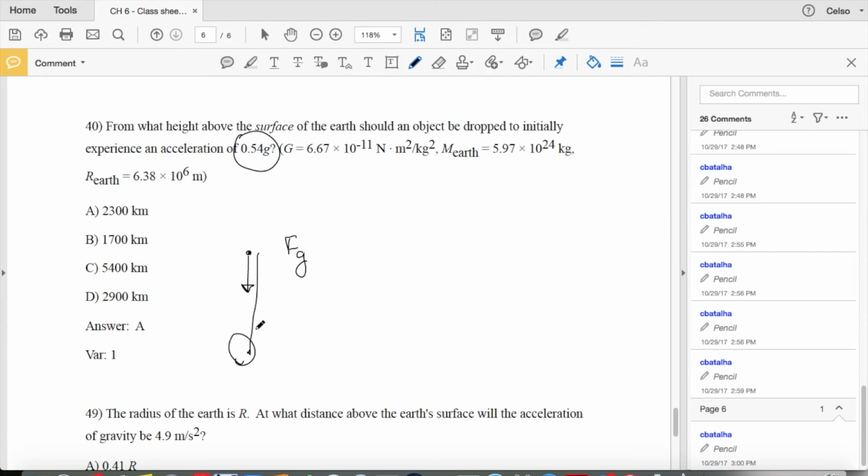Remember, mg you can only use if you are on top of Earth's surface. So Fg is given by G, mass of the object, mass of Earth, divided by the distance from the object to Earth, squared.